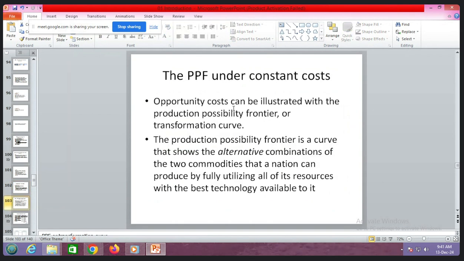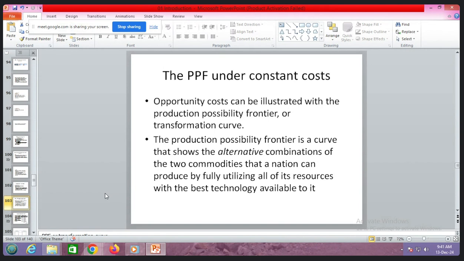The opportunity cost is illustrated using the production possibility frontier, or what we call the transformation curve. We have done the production possibility frontier and transformation curve several times in our economics, so all of you have an idea of what we mean by it.